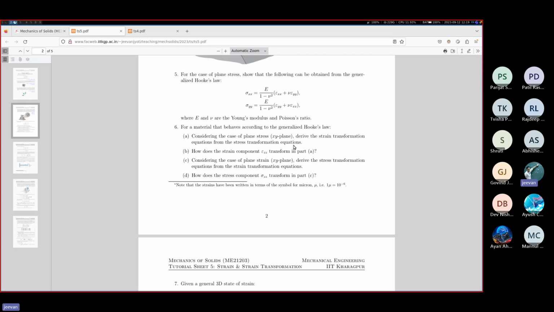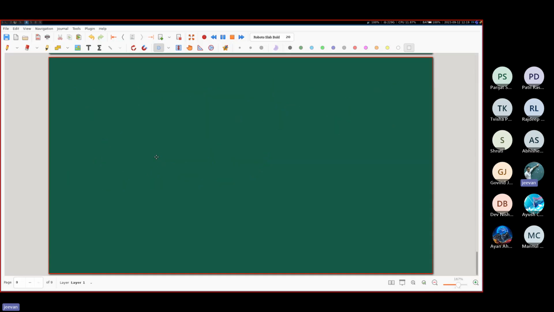But what is asked here is to derive the strain transformation equations from the stress transformation equations. So this is just a theorem kind of thing. So what do we do here? Again, let us go to a new page. We have the stress transformation equations like this, again repeating the same thing.